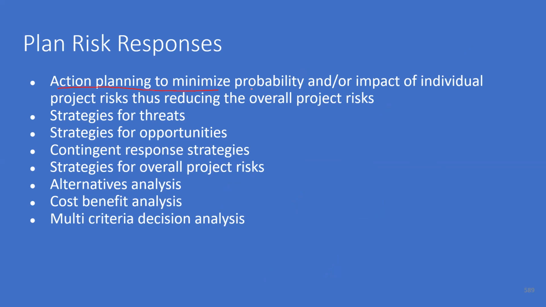Action planning to minimize probability and or impact of individual project risks, thus reducing the overall project risk. Strategies for threats, strategies for opportunities, contingent response strategies. That is, building an earthquake-resistant building is a risk response action.